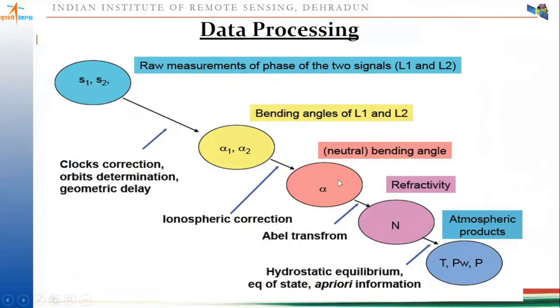Then using the Abel transform we find the refractivity N, and from refractivity we can find atmospheric products like temperature, water vapor, and pressure. So from the raw phase measurements of two signals, these parameters can be derived.